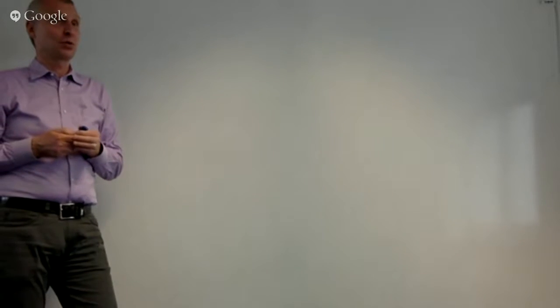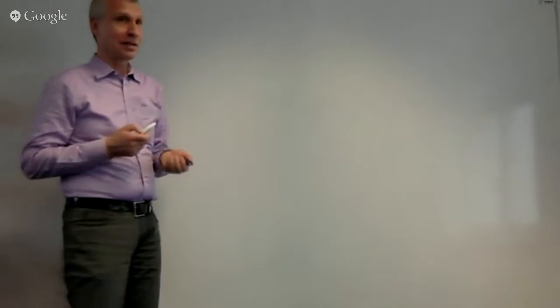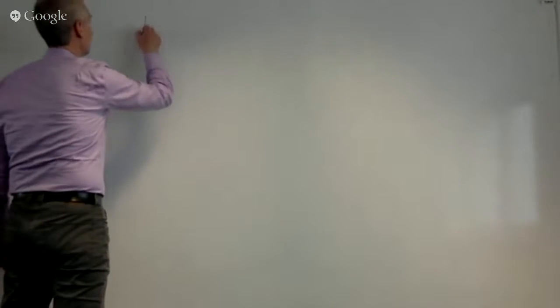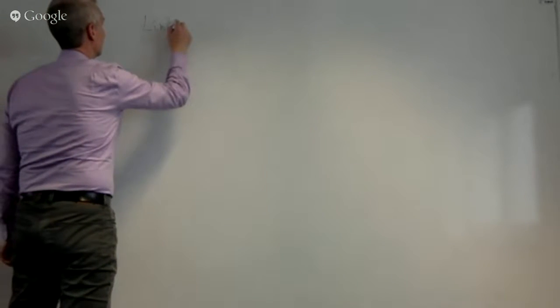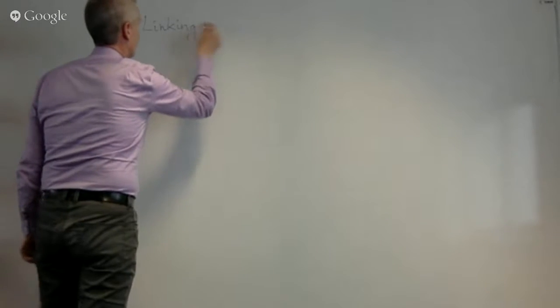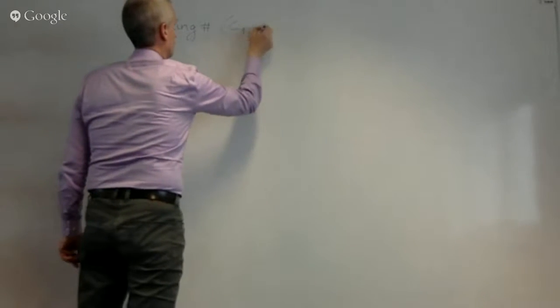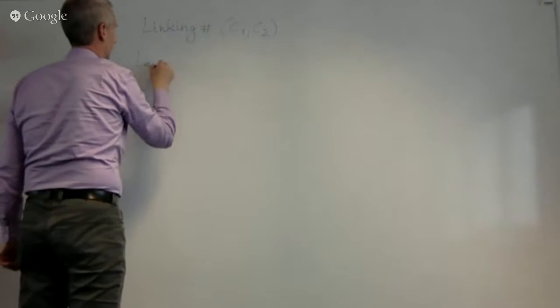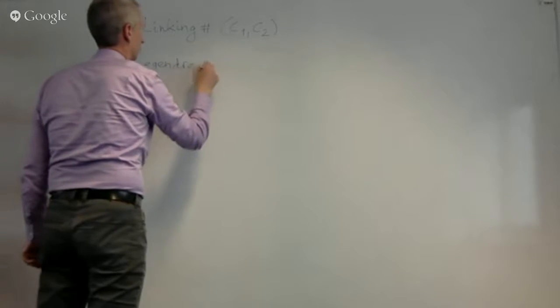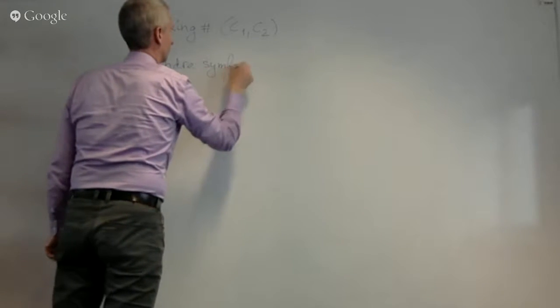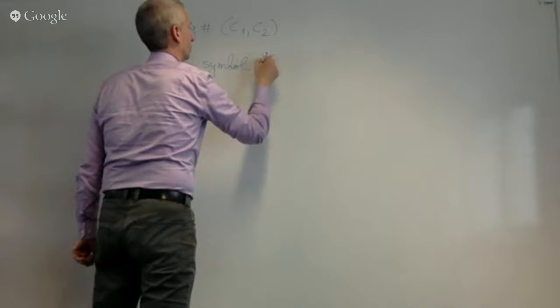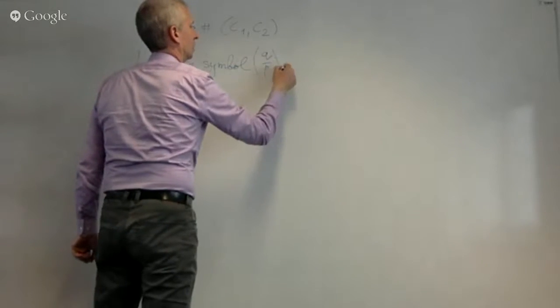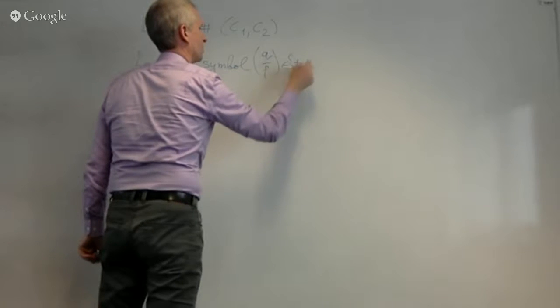So let's see what we discussed last time. It was the linking number. So we have the linking number of C1, C2, and the Legendre symbol, which we will consider as an element of plus or minus 1.